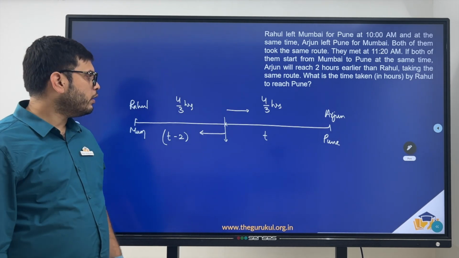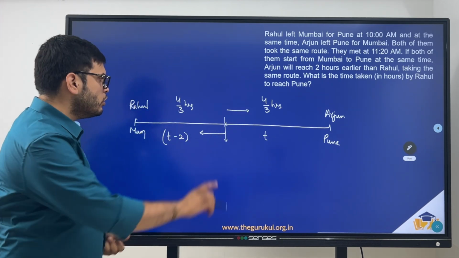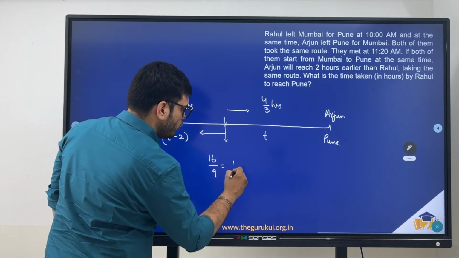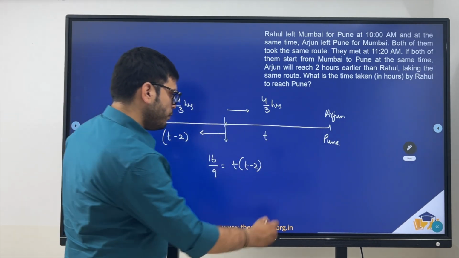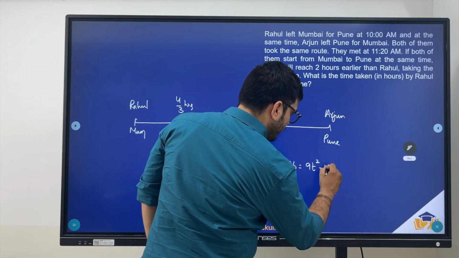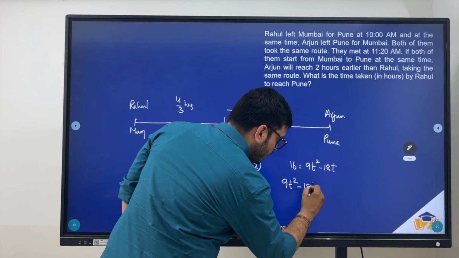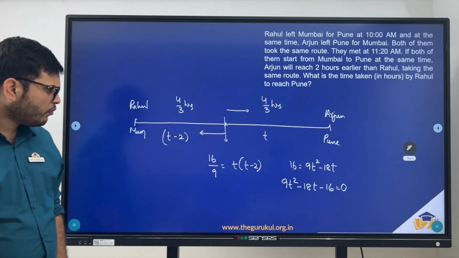Now we can apply a shortcut here. What is that? The product of these two should be equal to the product of these two. So 4 by 3 into 4 by 3, 16 by 9, is equal to T into T minus 2. So this would be 16 is equal to 9T square minus 18T, or 9T square minus 18T minus 16 is equal to 0.